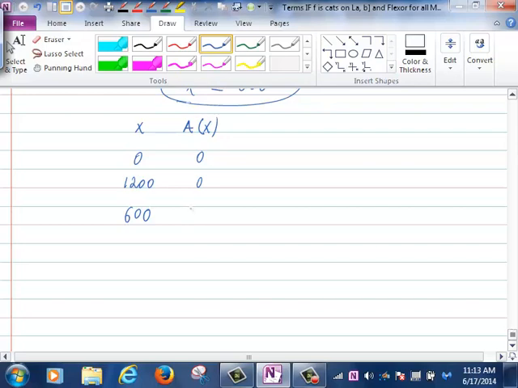Okay, 720,000. So that's the maximum area. So this is where the maximum occurs.